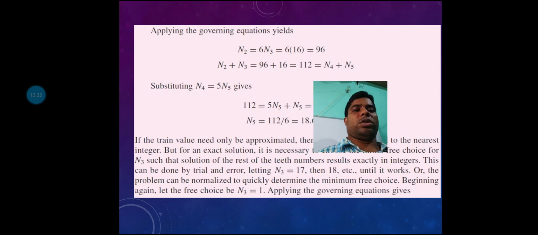So the governing equations can be applied, and by trial, n3 will be 17, 18 and so on, until it works, which can be determined quickly.